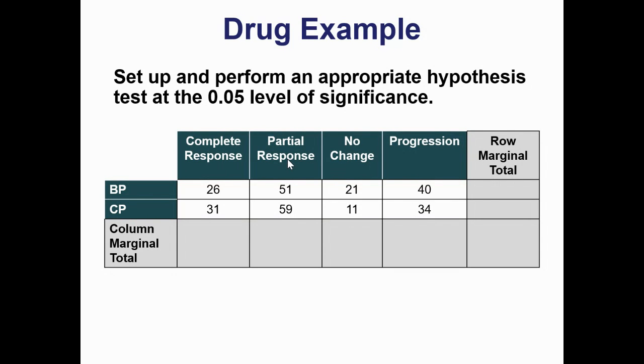That table's on the top of page 10. And then it says set up and perform an appropriate hypothesis test at the 0.05 level of significance to see if they're the same. So first, we need to get our marginal totals. So for BP, if we add them all up, we get what?